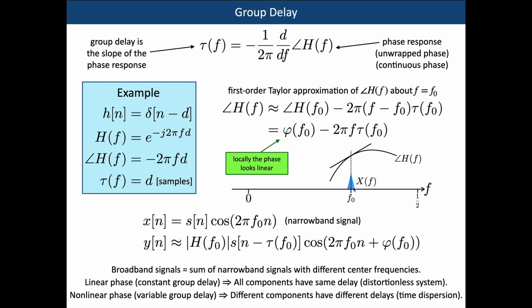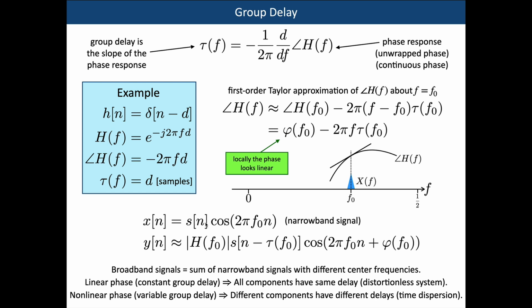So suppose this little blue triangle shows us the Fourier transform of the input signal, and its energy is concentrated in a narrow band of frequencies around this frequency f0. One way we could obtain such a narrow band signal would be by taking a low-pass signal, s of n, and modulating it by a cosine. Remember, when we modulate by cosine, we shift the signal from DC out to the center frequency of the cosine.